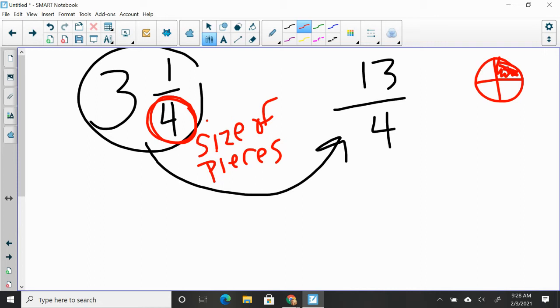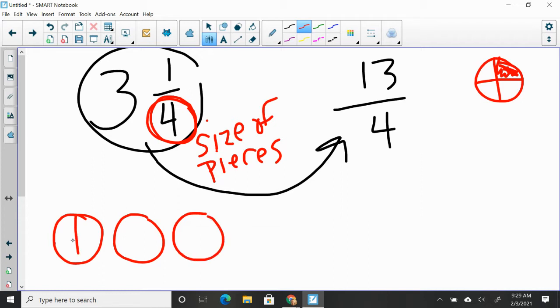All right. So if you imagine having 3 whole pizzas and they are all cut into 4 slices, okay, that means you have a pizza and another pizza and another pizza. And if they are all cut into 4 slices like this, how many slices do you have?